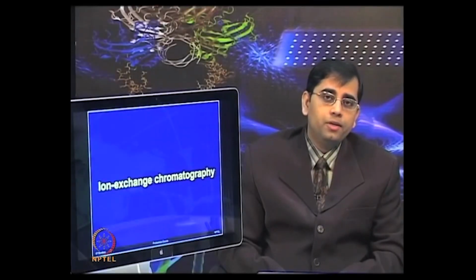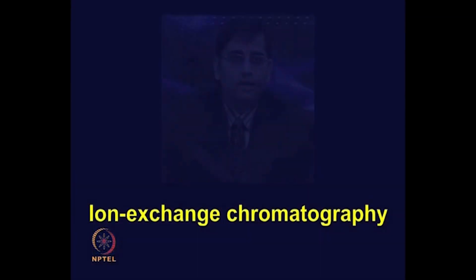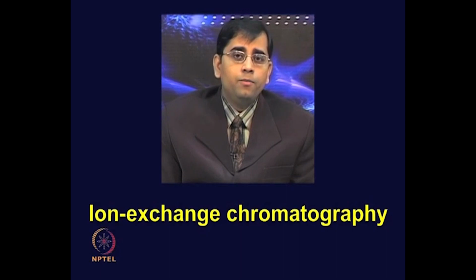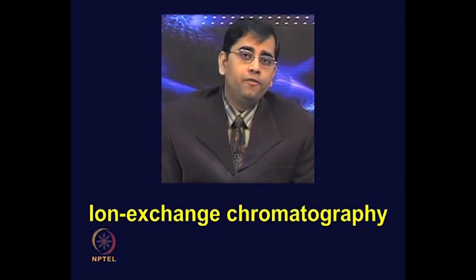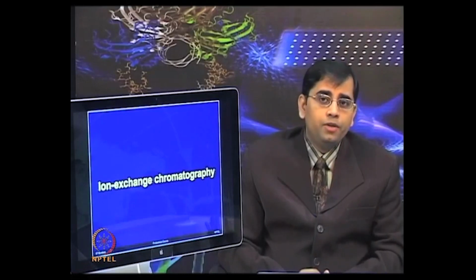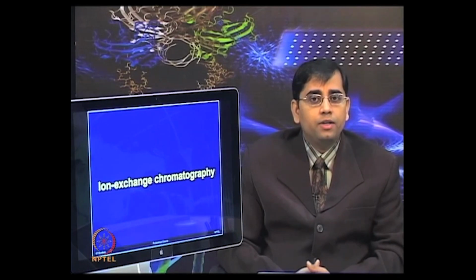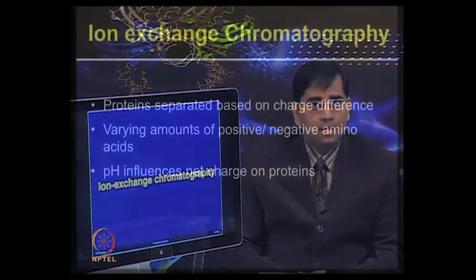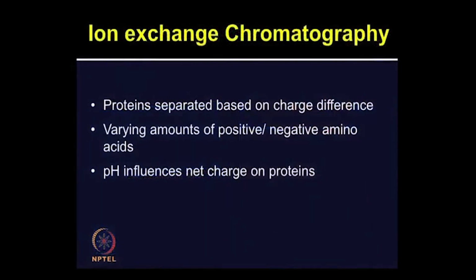Let us now move on to the next chromatography method, which is ion exchange chromatography. This is one of the most versatile chromatographic separation methods, which relies on differences between the number of charges and distribution of charge groups in defined pH and solvent conditions. In ion exchange chromatography, the proteins are separated based on charge difference.